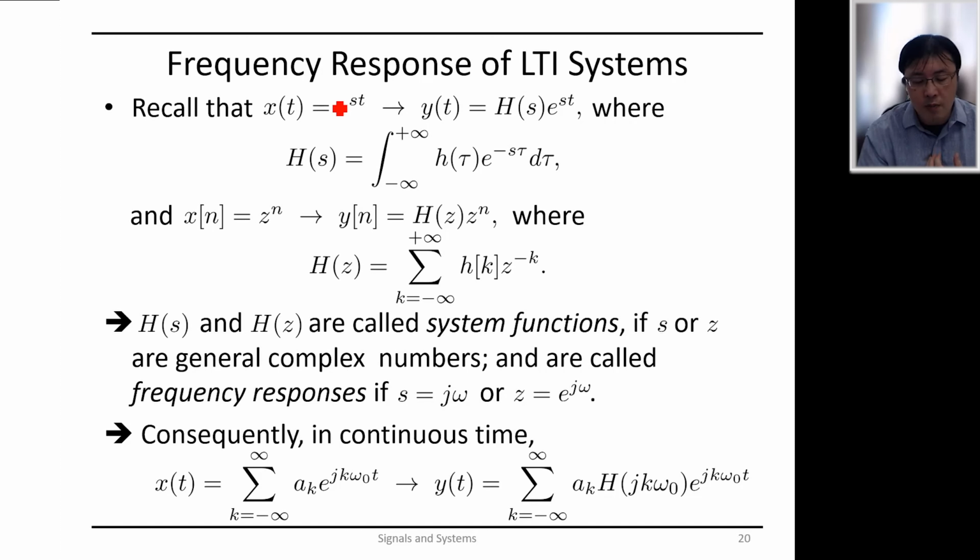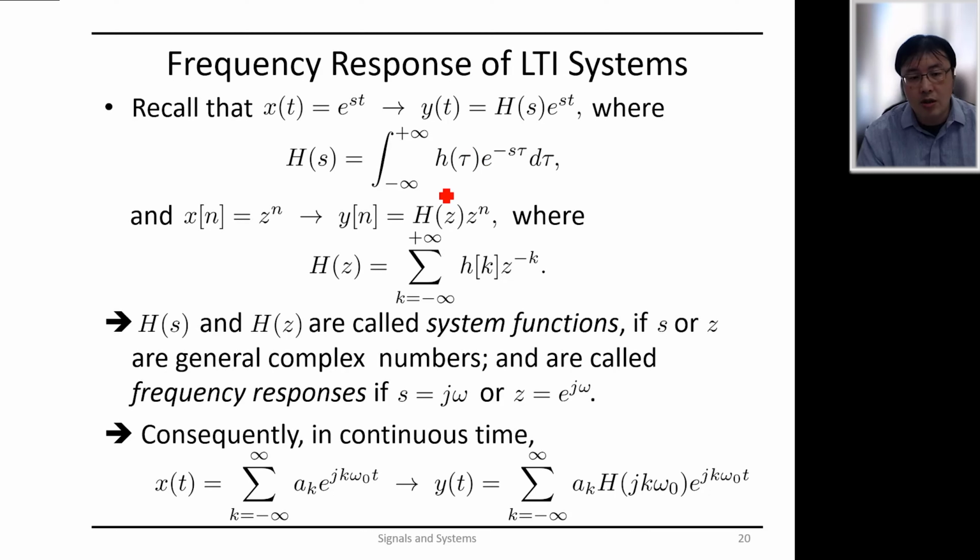This means that if you input a complex exponential to a linear time invariant system, the output will be the same complex exponential, except for a gain, which can be evaluated by this formula. The gain can be computed from the impulse response.